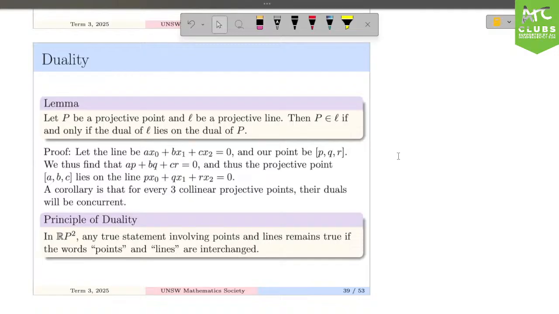If we have some line L with a point P, then when we take their duals, P is going to become a line, and L is going to become a point. And the dual of L is going to be incident with the dual of P if and only if P is incident with L. You can actually just see this from the definitions.